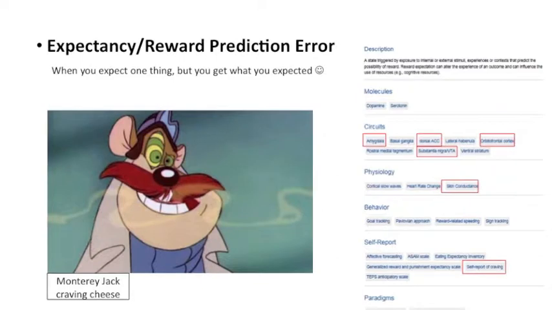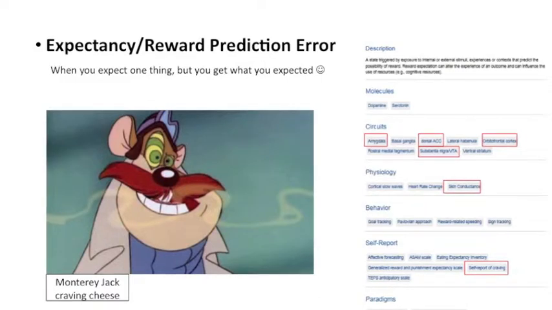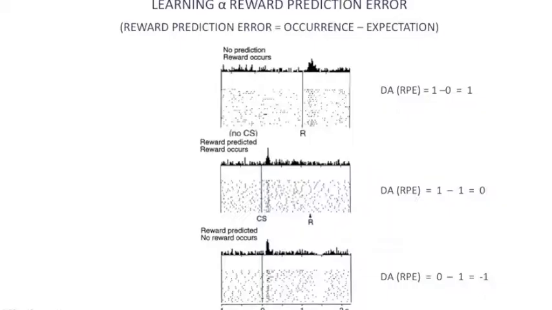Neural circuits that are involved in this process include the amygdala, which plays a critical role in emotional learning, memory, and preference-based decision-making, as well as the orbitofrontal cortex, the anterior cingulate cortex, and the VTA. This process of reward prediction error is very fundamental, so let's examine it in a little more detail.